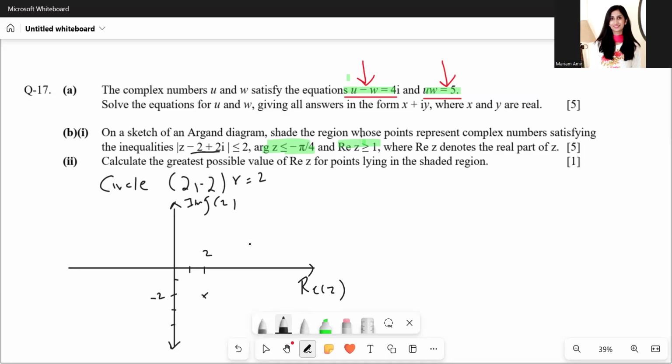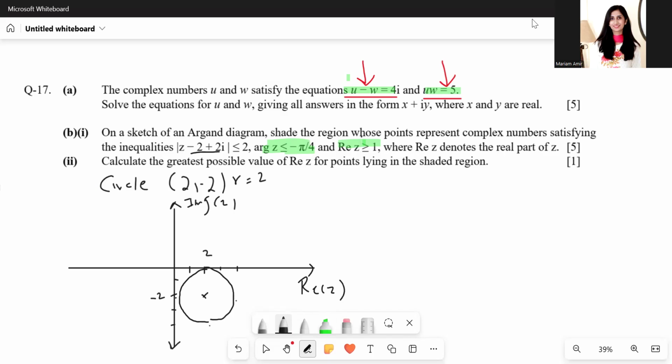So it's going to be tangent to the x and y axis. Something like this. Okay, so this is the circle. We need to shade inside the circle, but not yet because there are more inequalities to look at.